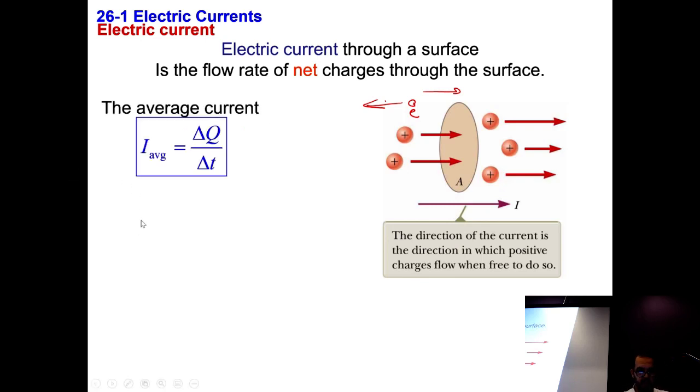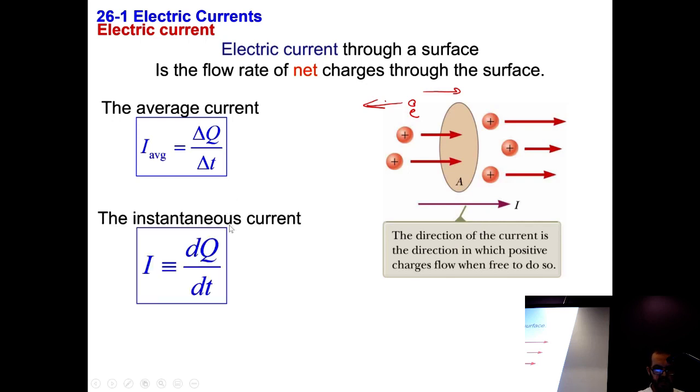The average current is defined as delta Q over delta t, which is the charge flowing through the area divided by the time delta t. The instantaneous current is dq/dt. Remember, like we did in Physics 121, we defined the instantaneous velocity and the average velocity. The average velocity is delta x divided by delta t, the change in position divided by the time, and the instantaneous velocity is dx/dt, the derivative of position with respect to time.